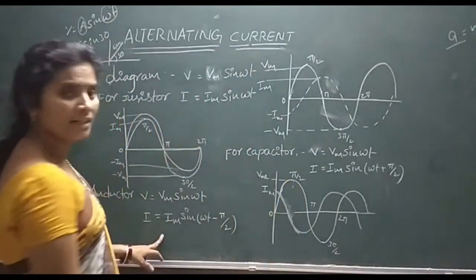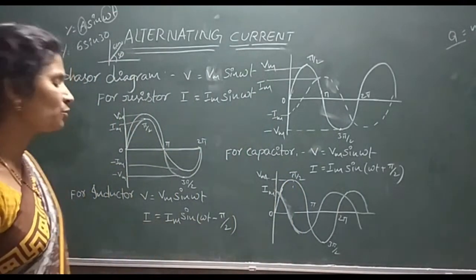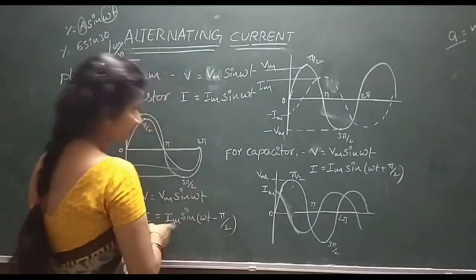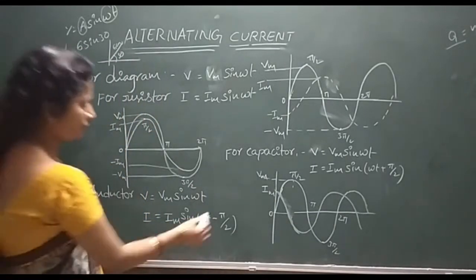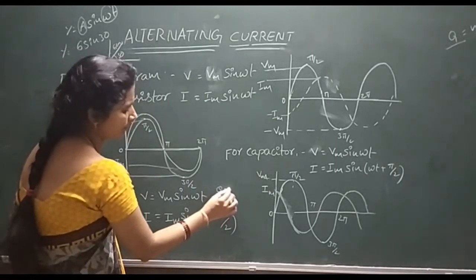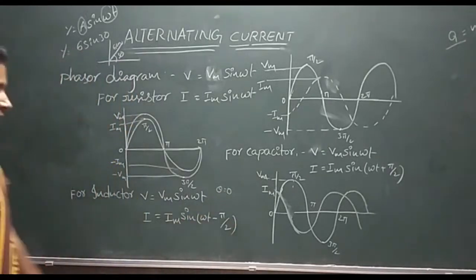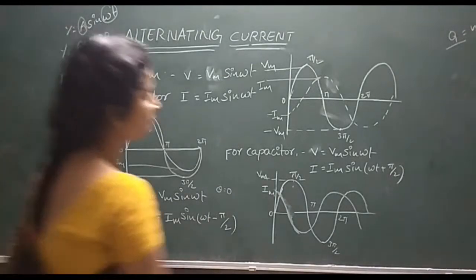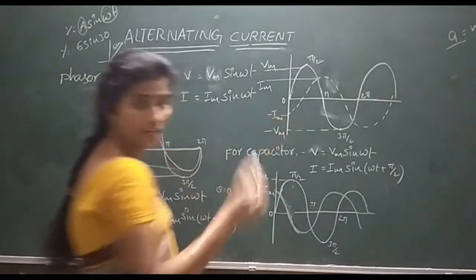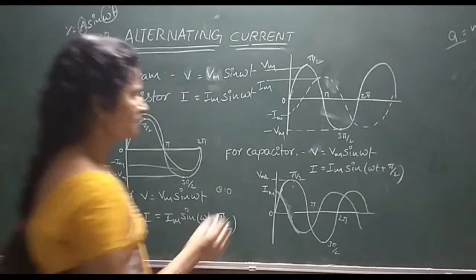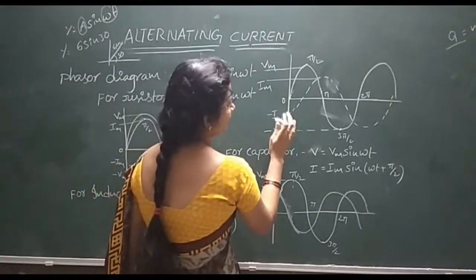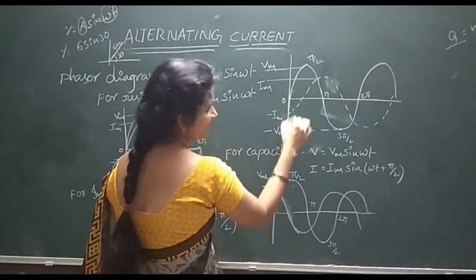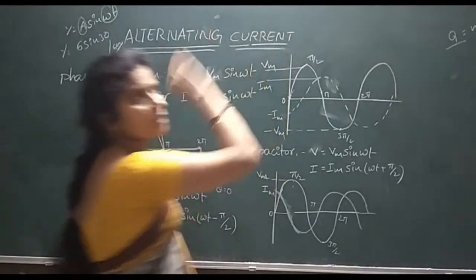According to current, I = Im sin(omega t minus pi by 2). Suppose theta is 0, then we get minus sin 90, which is minus 1, since sin 90 is 1. So the current starts here from the negative; this is the negative y-axis and this is the positive y-axis.